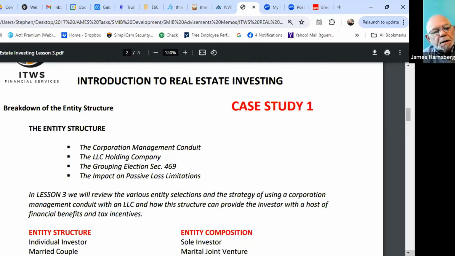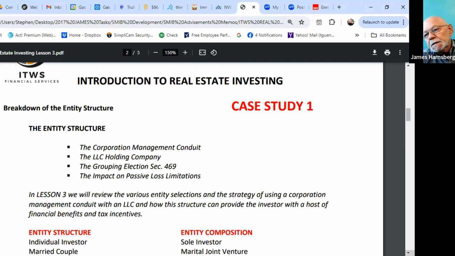The entity structure that we're going to suggest and that you consider and that we do a lot of work in is what we call a corporate management conduit, where we have a corporation set up. You own the shares of the corporation, and then we set up a limited liability company, holding company, managed member LLC, where you, the individual, and the corporation are managing members of the LLC.